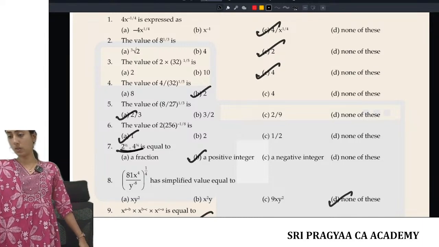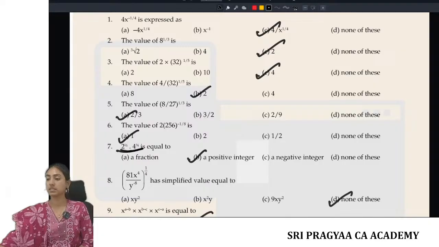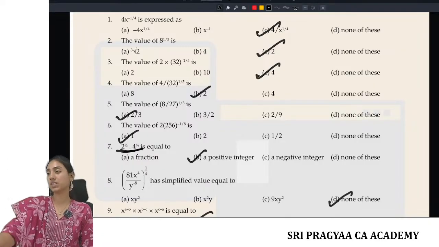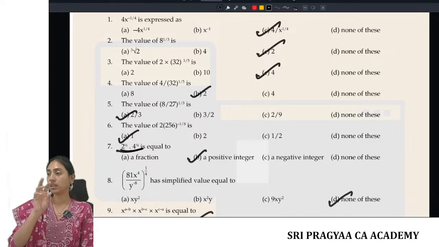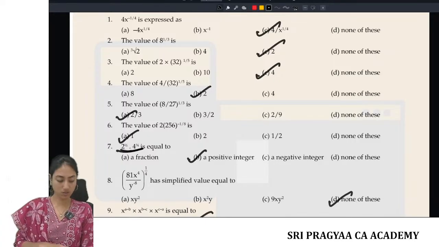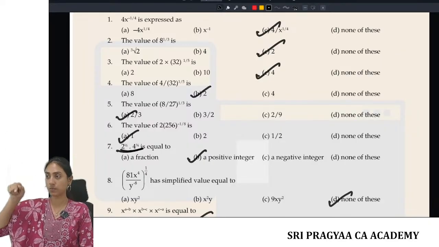This we already saw in a question previously. Whenever you have it, just by the law you can go. The seventh law that we saw: x raised to the power of a is equal to y raised to the power of a.